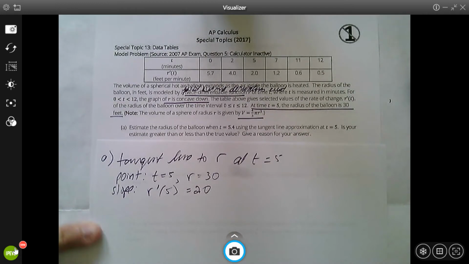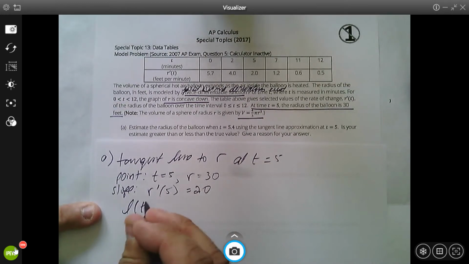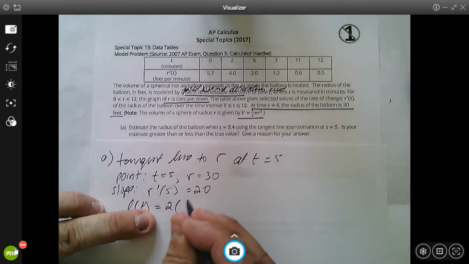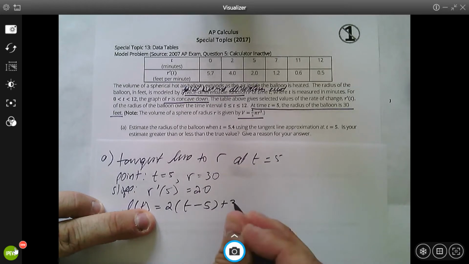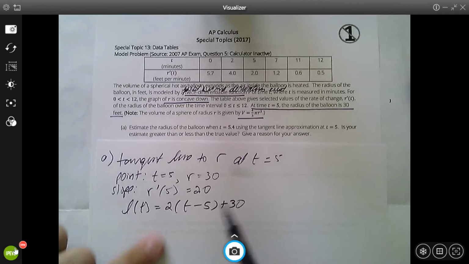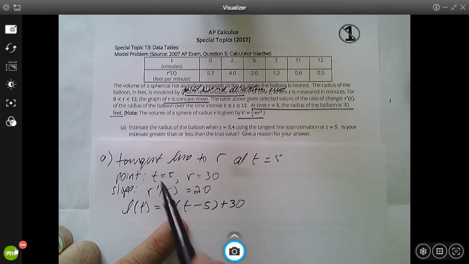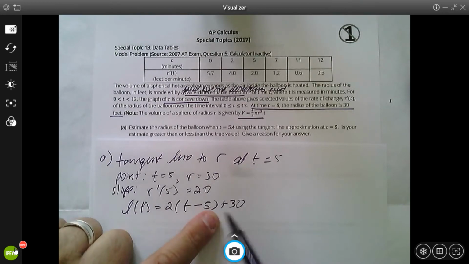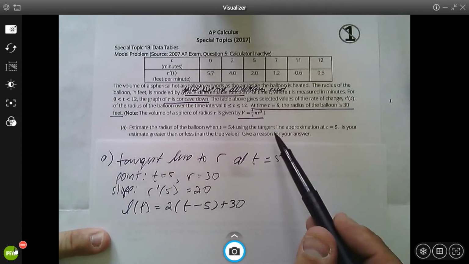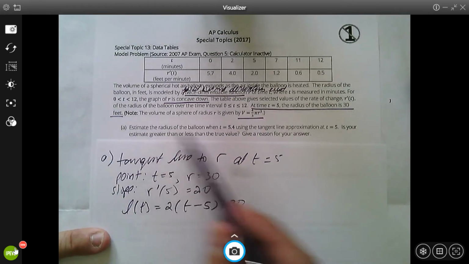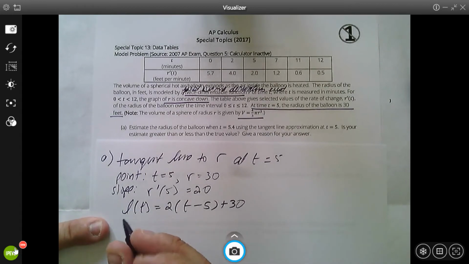Okay. Your tangent line equation, L of t, is going to be 2 times t minus 5 plus 30. Your slope times t minus the x-coordinate for your point plus the y-coordinate for the point. Okay, so far so good. They want the approximation to the radius at time t equals 5.4.